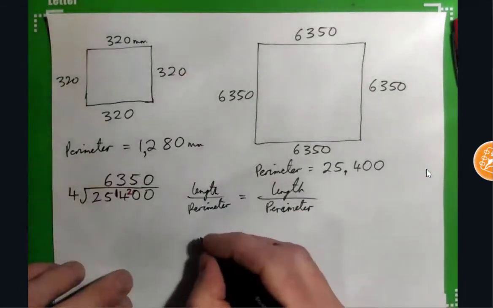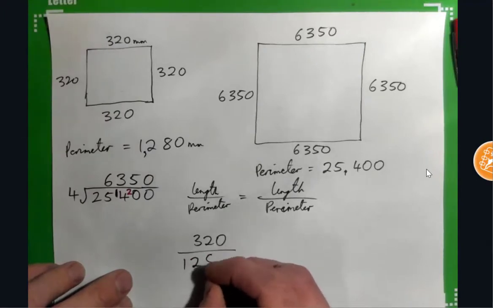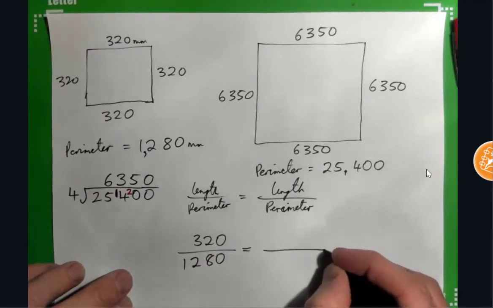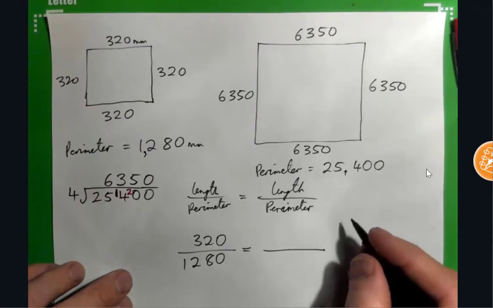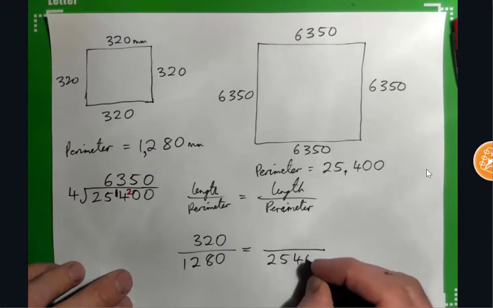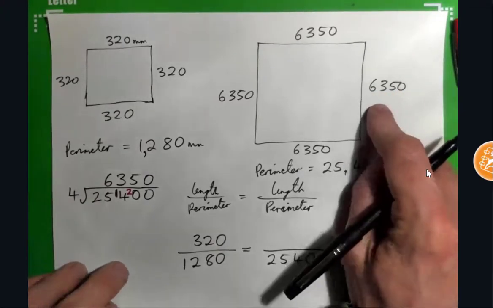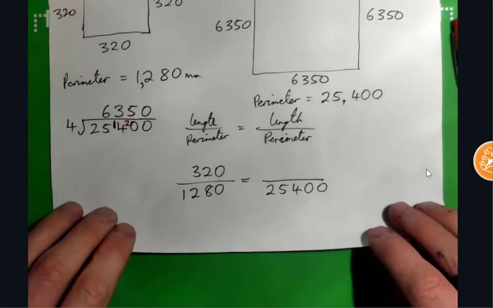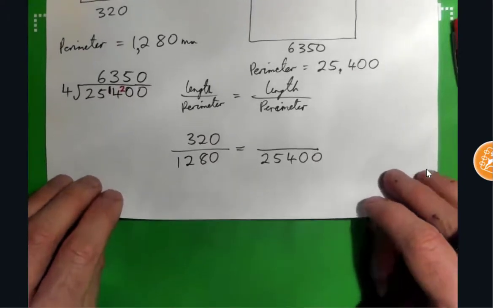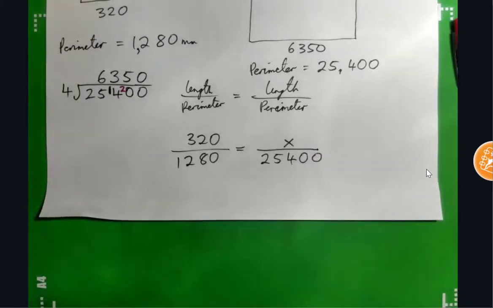So this length is 320, and this perimeter is 1,280, and that should equal something over the perimeter of 25,400. The 6,350 is what we're supposed to find, so let's give it a letter. What letter do you want to use for it? X. X again. All right.